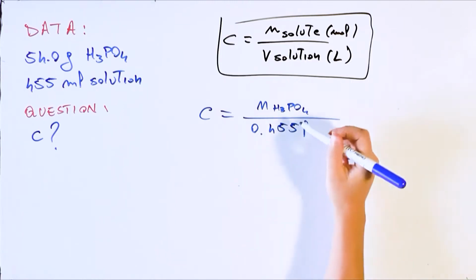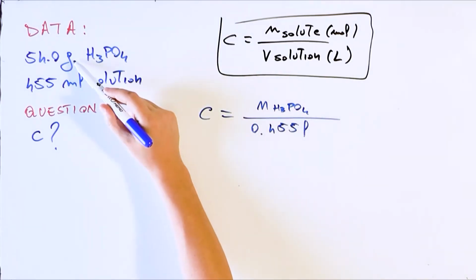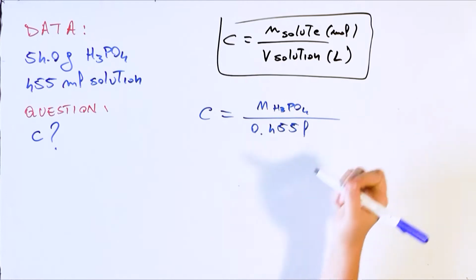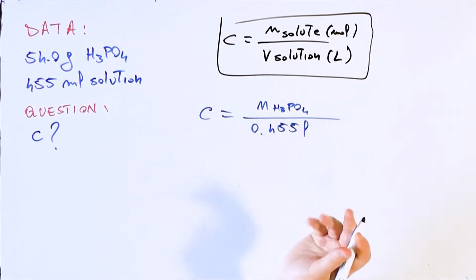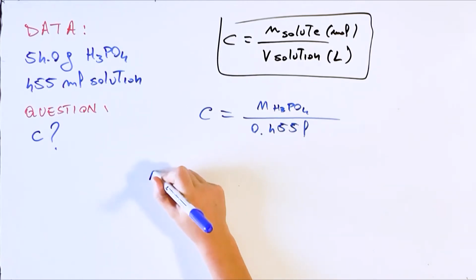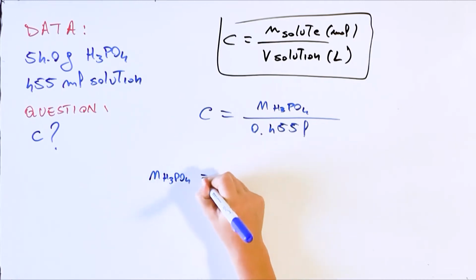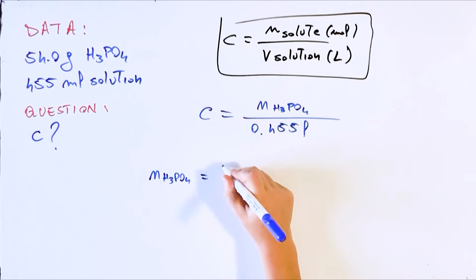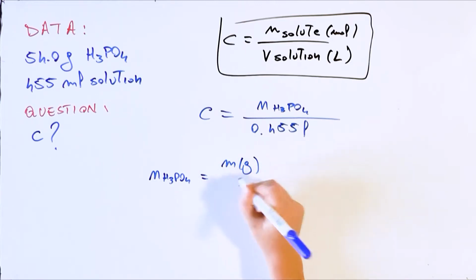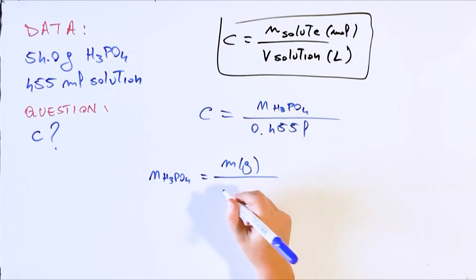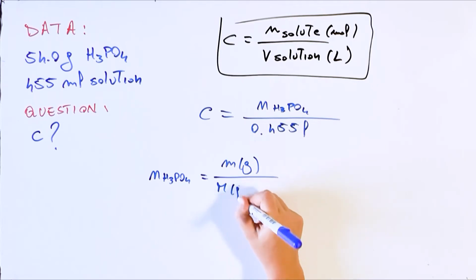But this is very simple to know because we have here the grams of our solute. So as we have done also in the first problem, the mole of our solute will be given by the mass of solute divided by molar mass.